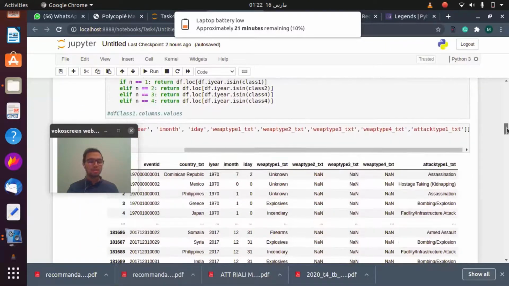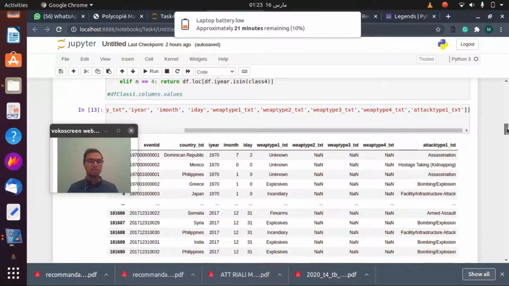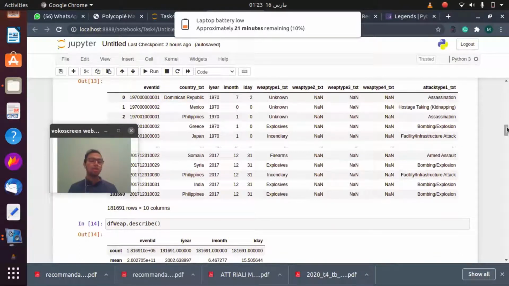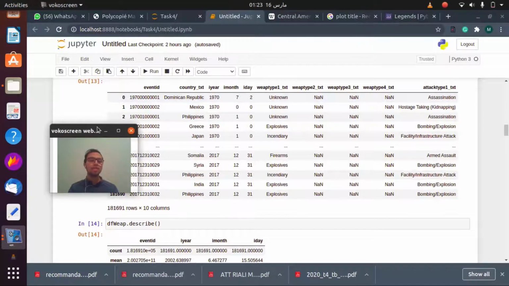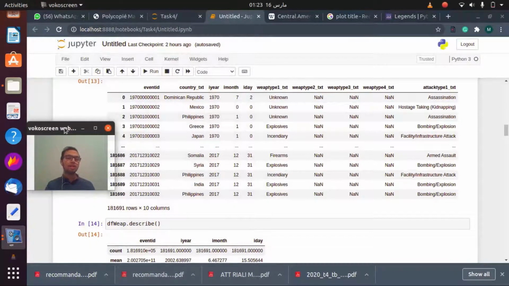So let's begin with the first class, but before doing that, let's classify our data by attack type, as we can see here.